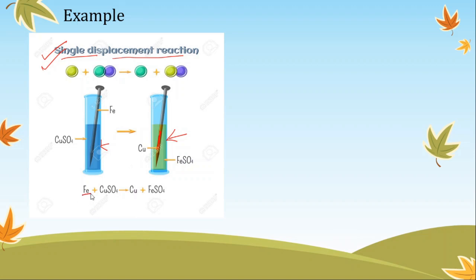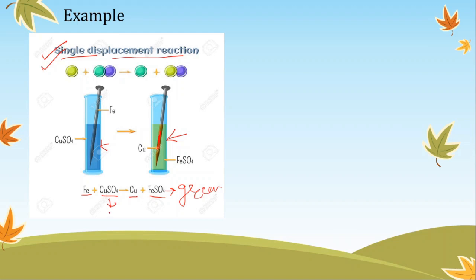We can write the reaction in this form: iron when it reacts with copper sulfate, copper is formed and the copper sulfate is replaced by this new solution, the ferrous sulfate, which is now green in color.